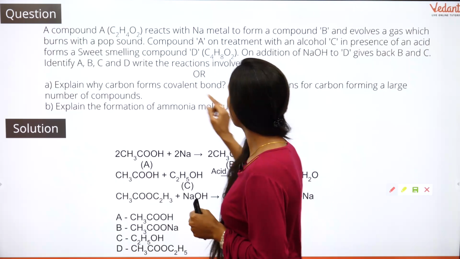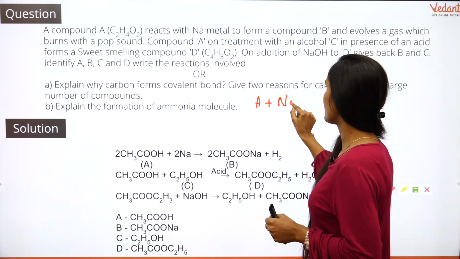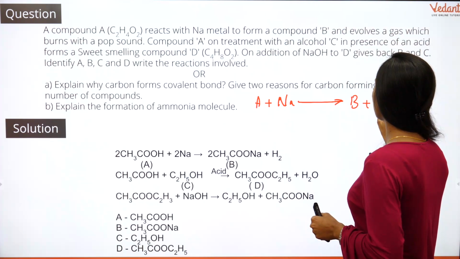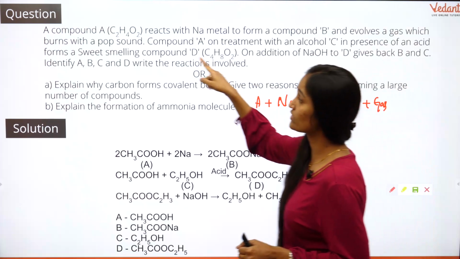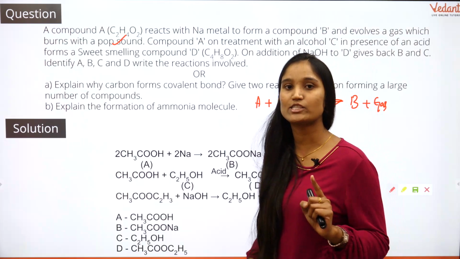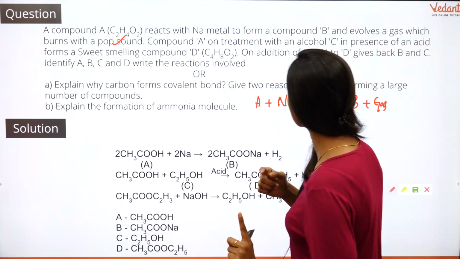So you have a compound A, and this compound A is reacting with sodium metal, Na, and it leads to the formation of a compound B along with a gas. You identify the gas with the help of the pop sound, and the gas has to be what? It has to be hydrogen. Hydrogen is the only gas which can be identified with the pop sound experiment.